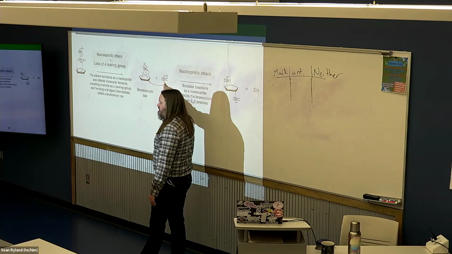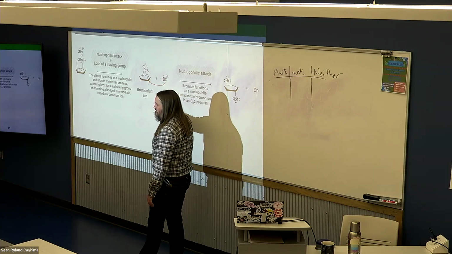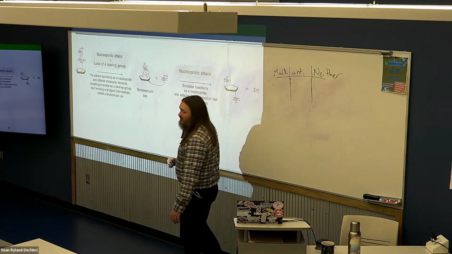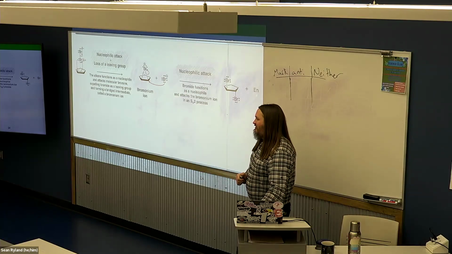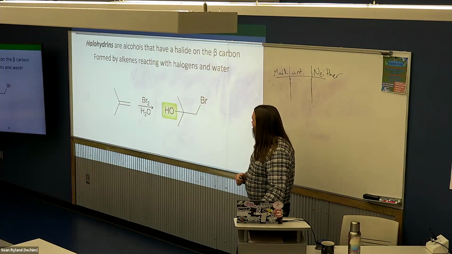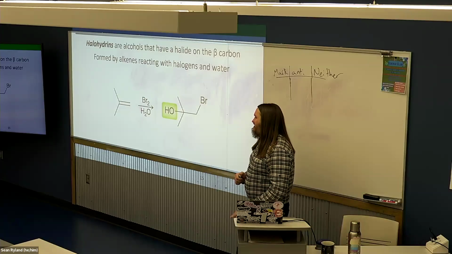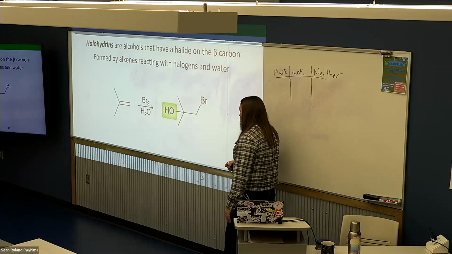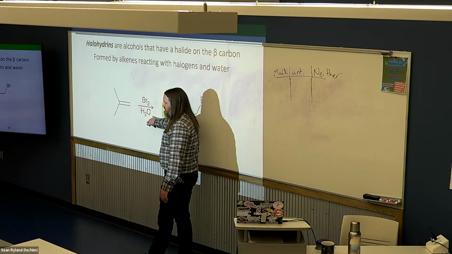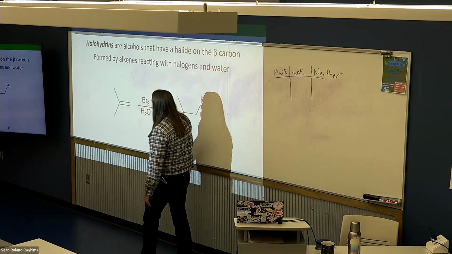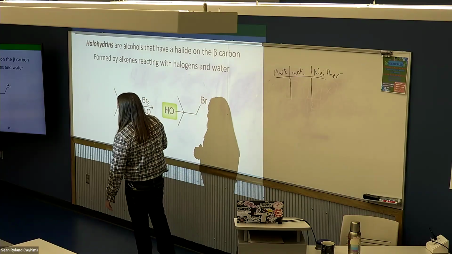So anything that can be a nucleophile in an SN2 can do this. So now we get to classify it as Markovnikov or anti. Because if we do a similar reaction when water's around too, this is the one that's either.